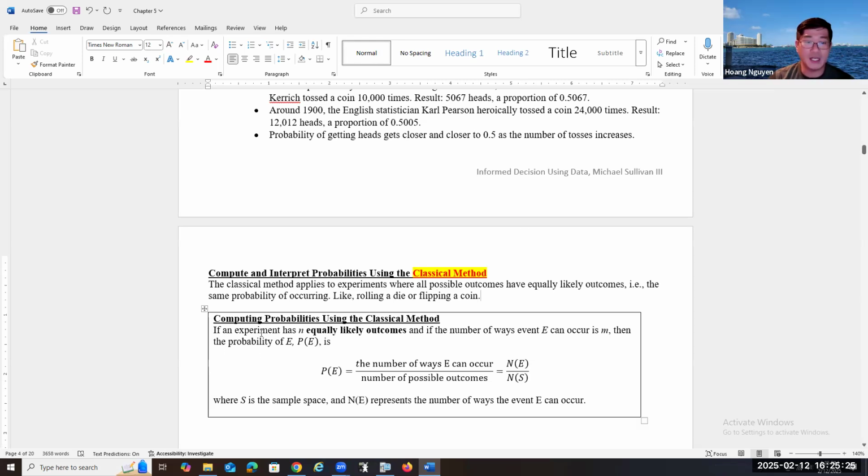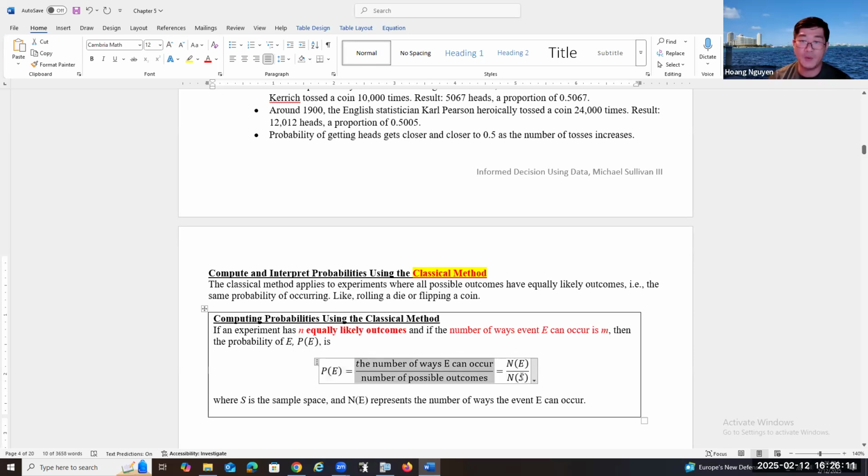If an experiment has n equally likely outcomes, and the number of ways event E can occur is m, then the probability of event E, P(E), equals the number of ways that event E can occur over the number of possible outcomes.